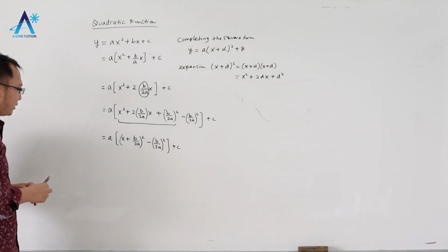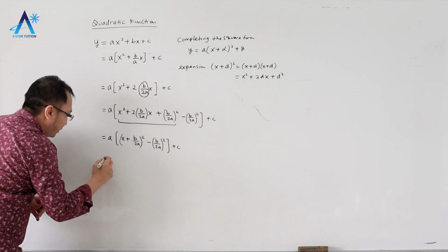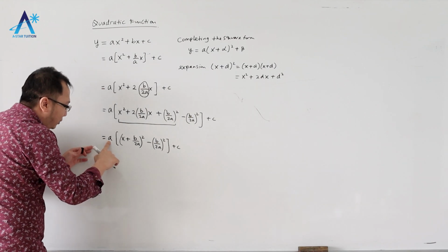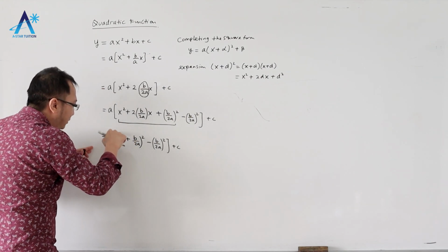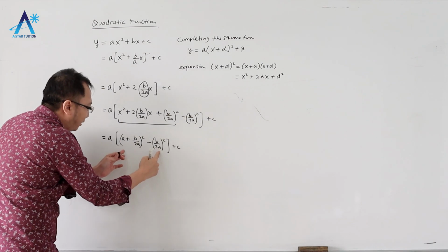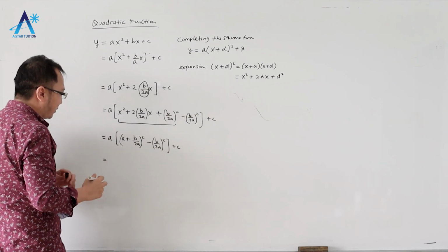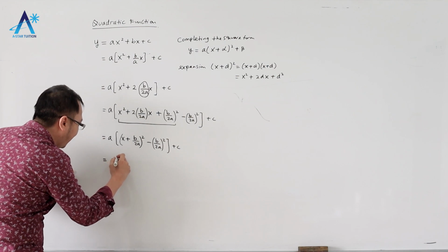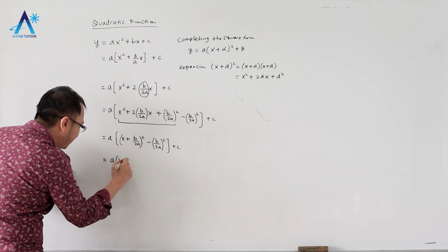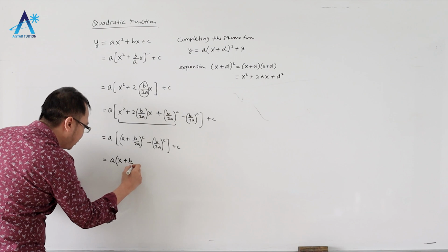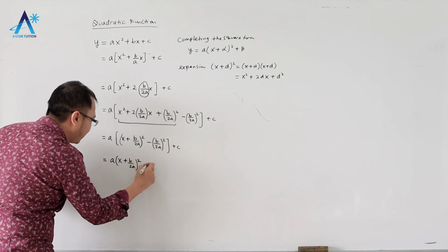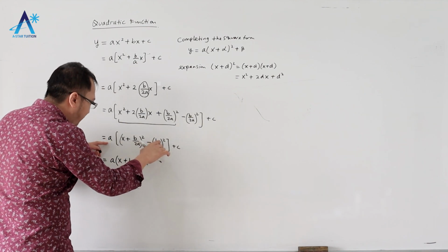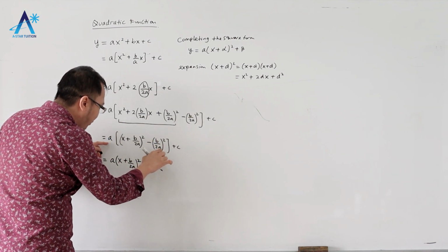Alright, so this a now could be distributed to both components inside this big bracket. So now we can remove the big bracket. Then the next step is going to be a multiplied by x positive b over 2a squared negative, this is a multiplied by b squared over 4a squared.